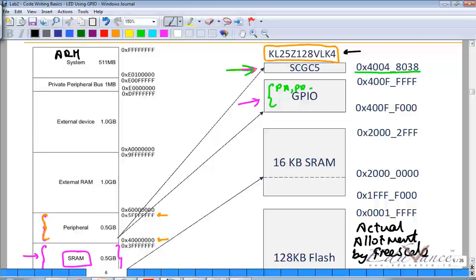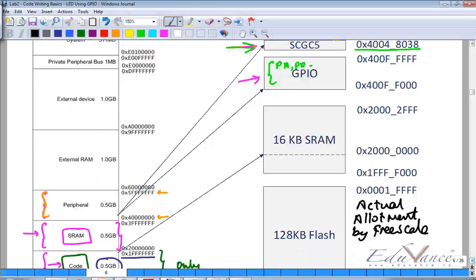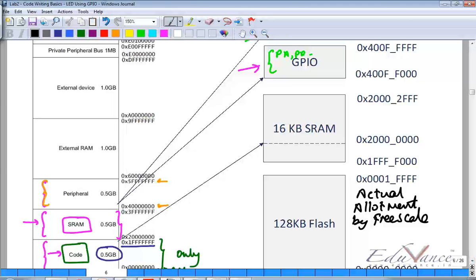So let us understand that here the code memory ends at 1F FFFF and the SRAM starts from 2000 0000. SRAM has been allotted and split into two parts. SRAM is a type of fast memory, just for your information.